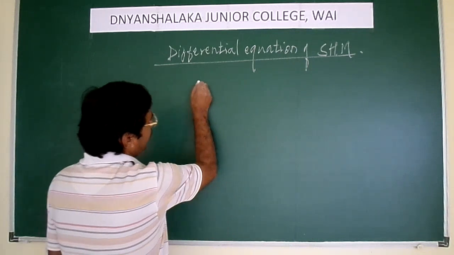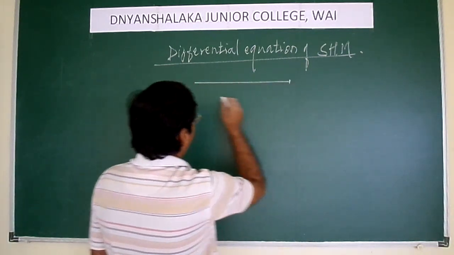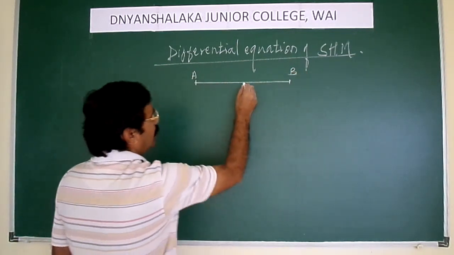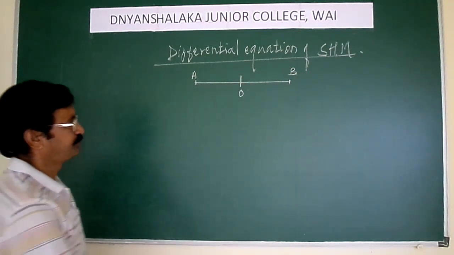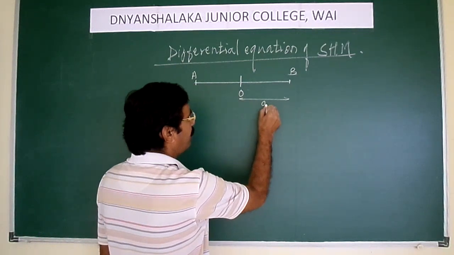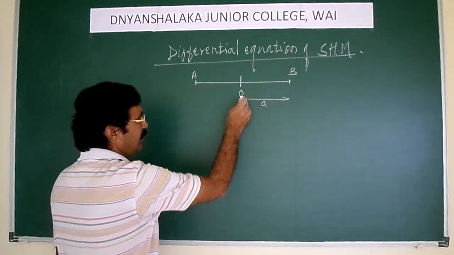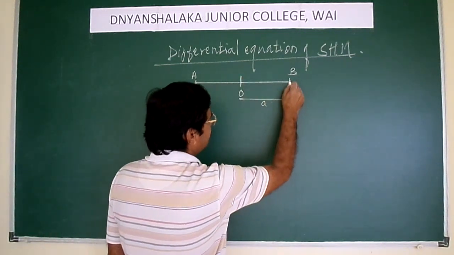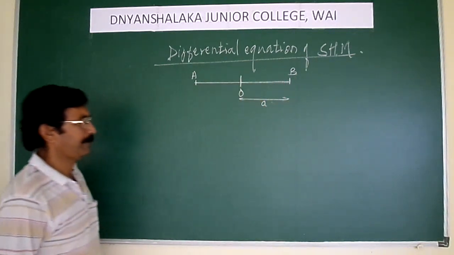Consider a particle performing linear simple harmonic motion along the path AB about the mean position O. Let a be the amplitude of this linear SHM, meaning the distance of its extreme position from the mean position is a.